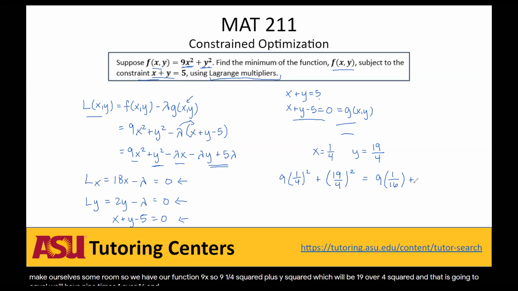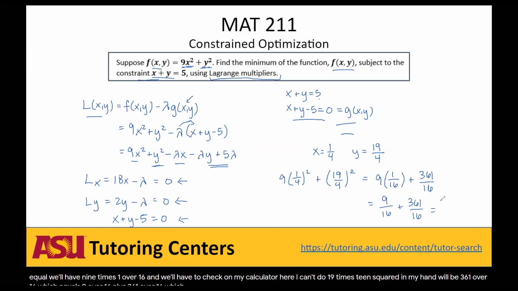And I can't do 19 squared in my head, so that'll be 361 over 16, which equals 9 over 16 plus 361 over 16, which equals 370 over 16.